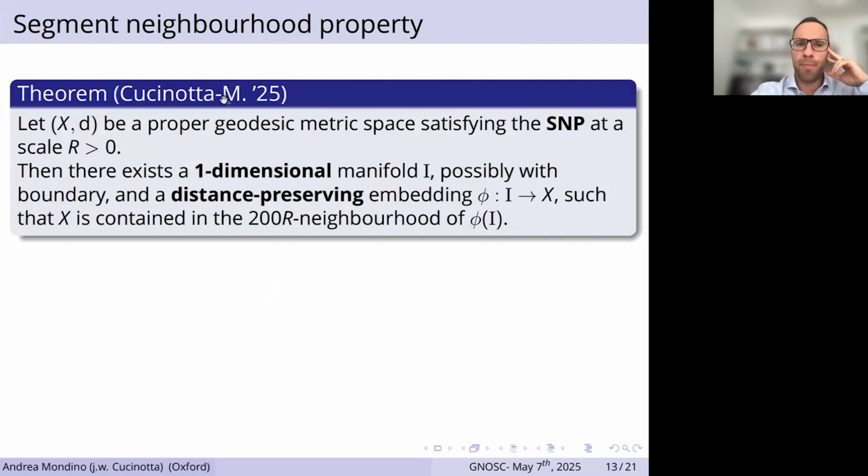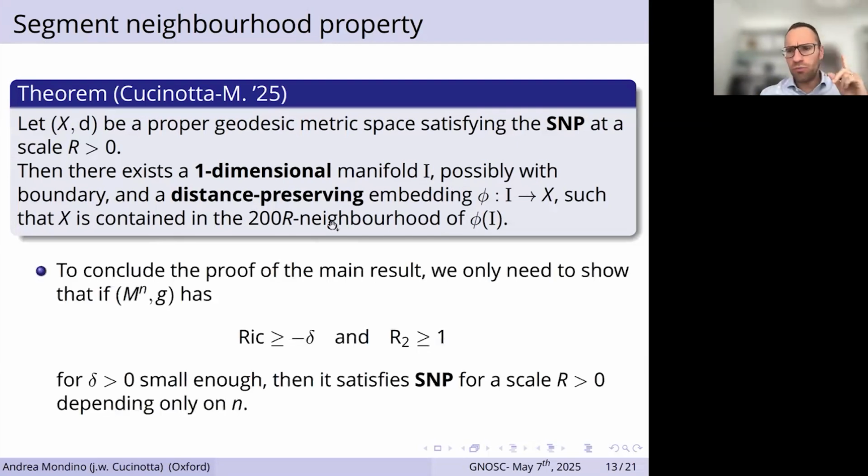If a proper geodesic metric space satisfies the segment neighborhood property, then there exists a one-dimensional manifold I, possibly with boundary, and a distance-preserving embedding phi from this one-dimensional manifold to X, such that the metric space X is contained in the 200R neighborhood of phi of I. So from far away, this metric space looks one-dimensional. It is in a controlled neighborhood of a one-dimensional manifold.